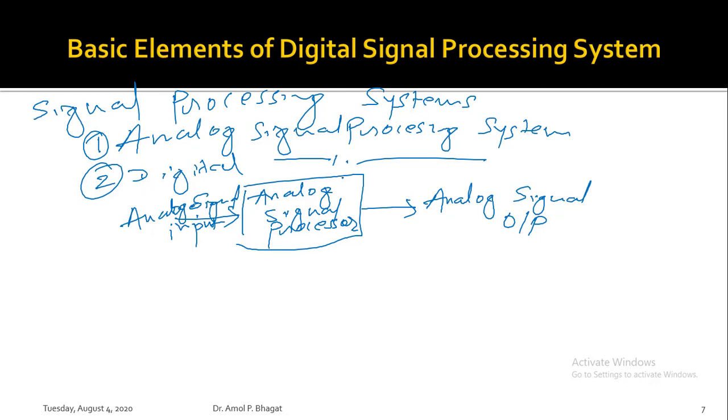So this is a simple representation of an analog signal processing system. This first figure indicates the analog signal processing system.